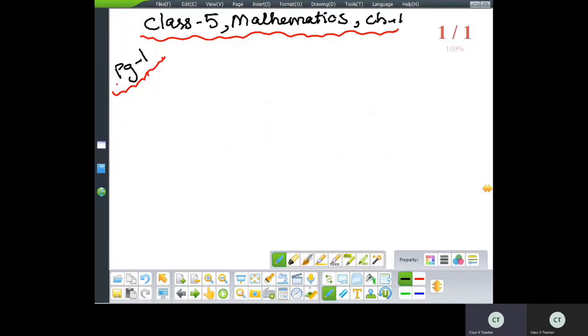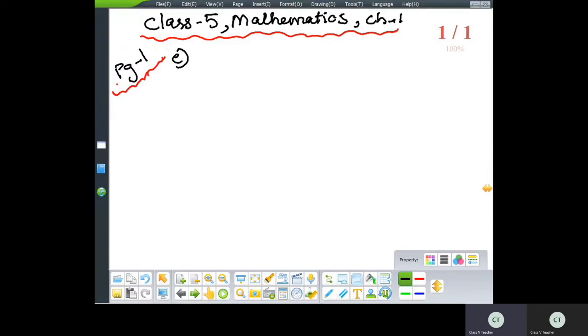This was a word type question. Okay. So the next question, show the number of wickets taken by the bowlers in the following number line. Yes, so we have to show the number of wickets. So what is our question here?